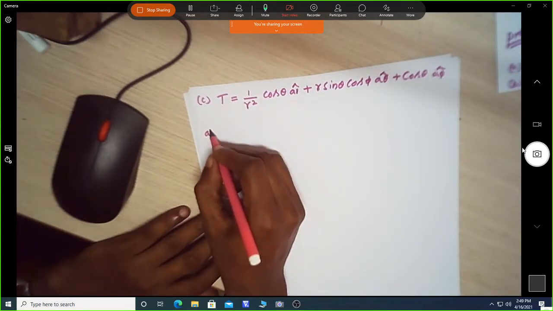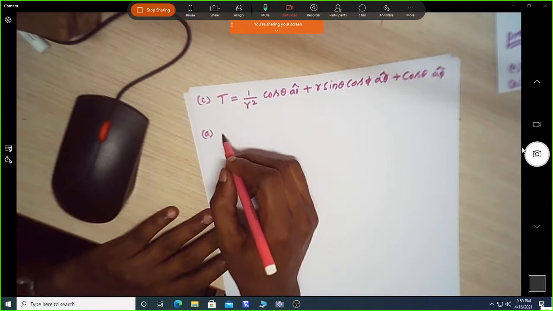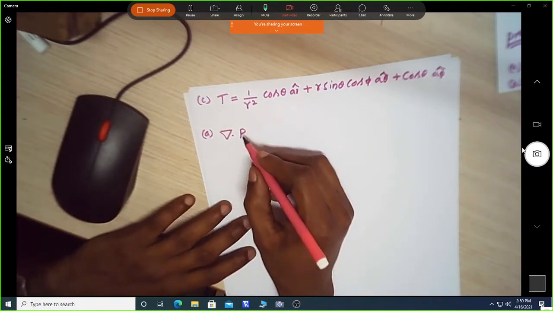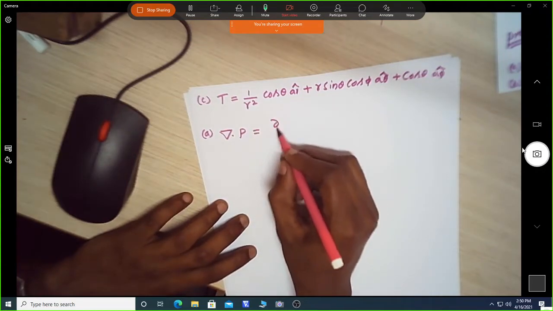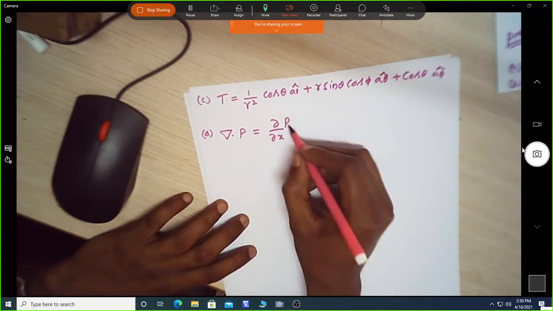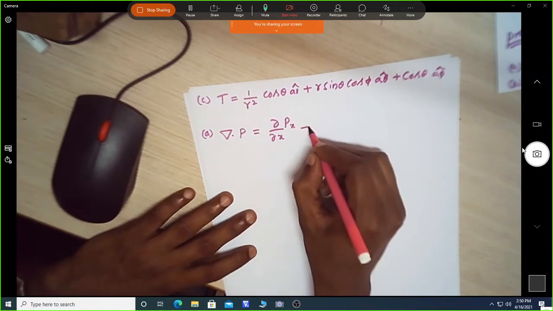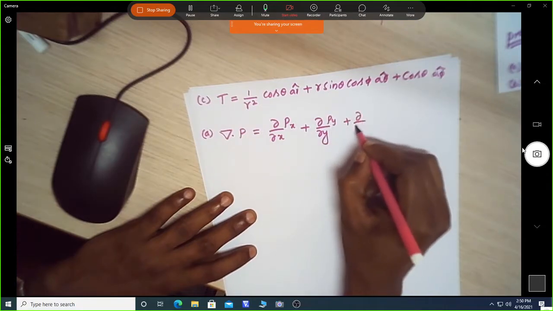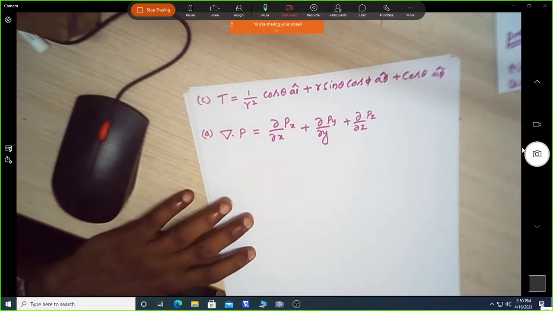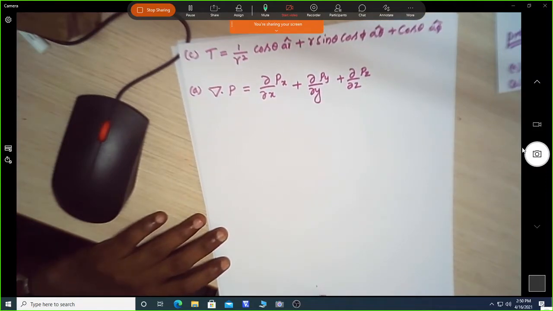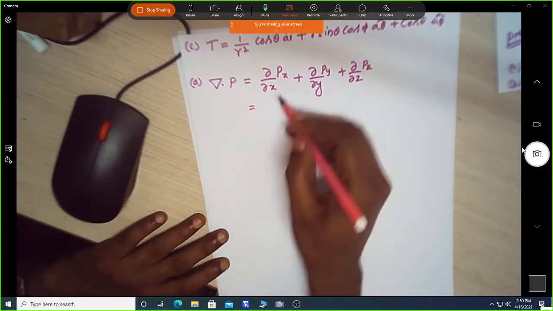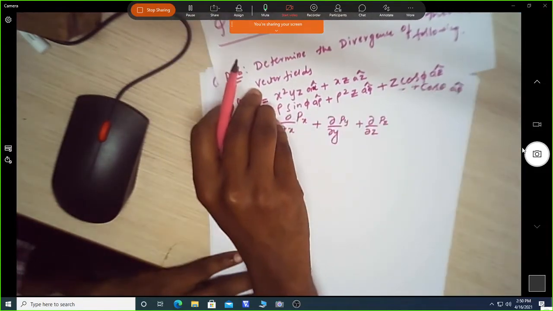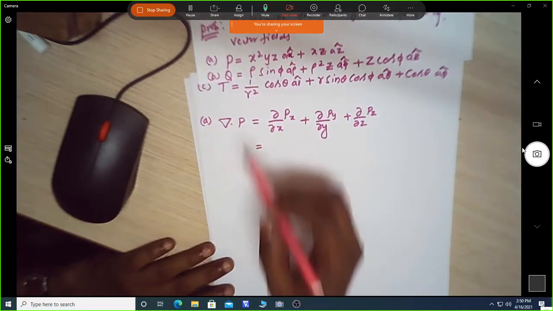Now coming to the first one, we need to evaluate the divergence of the vector P. So what is the equation? Del by del x of Px, plus del by del y of Py, plus del by del z of Pz. Now what is the Px component?